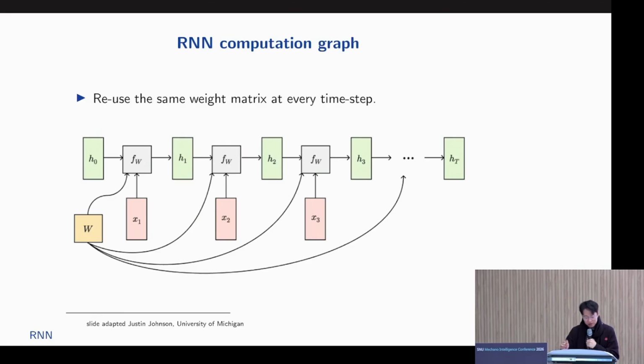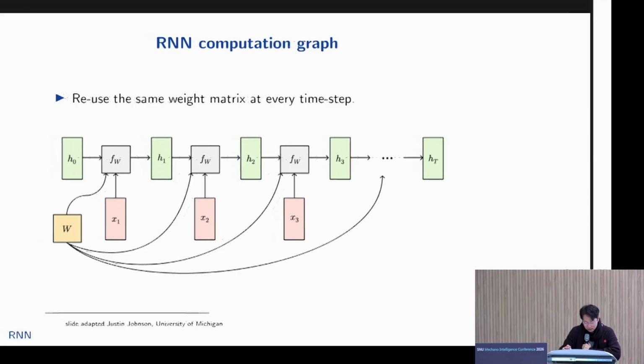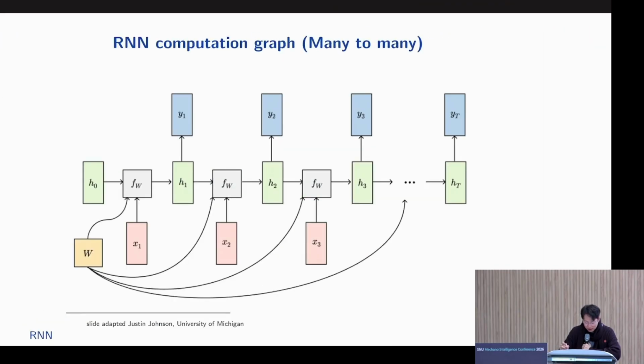So you want to reuse the same weight matrix at every time step to be parameter efficient. If you're dealing with many-to-many, then you take the current input, apply some matrix, and take the previous hidden state, apply WHH. Here you'd apply WXH, and you have your updated hidden vector. Here you would multiply WYH to produce an output, and it repeats.